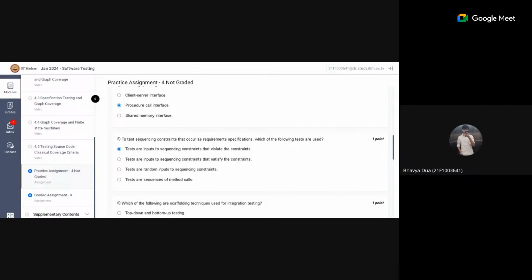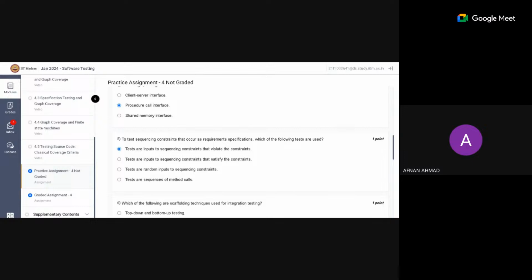Are you talking about this particular context, the sequencing constraint condition? Yeah. Okay, let me go through that.